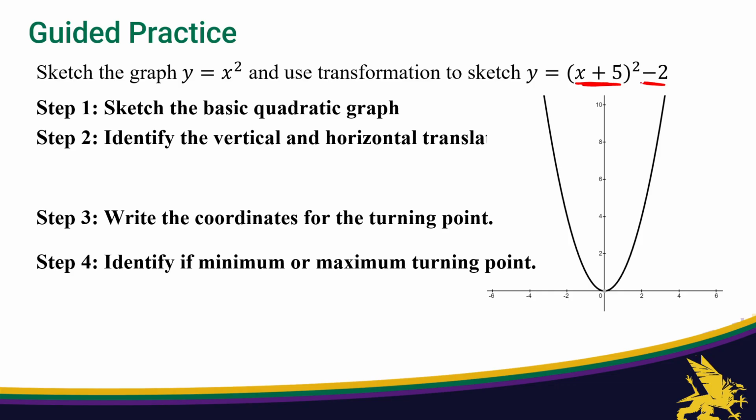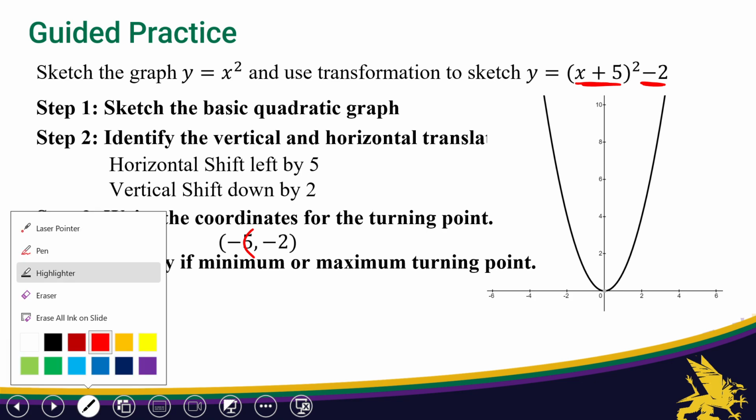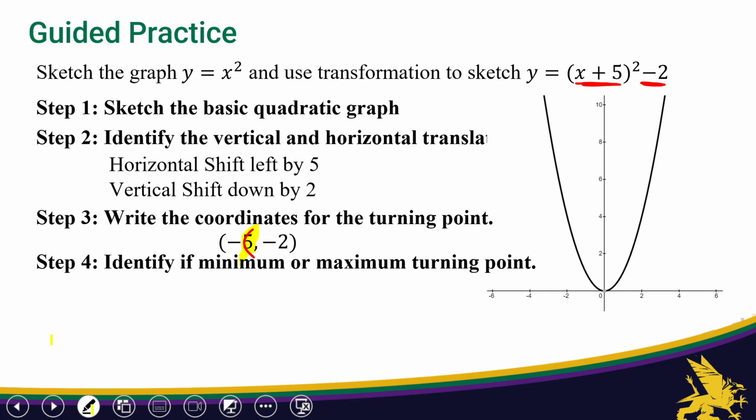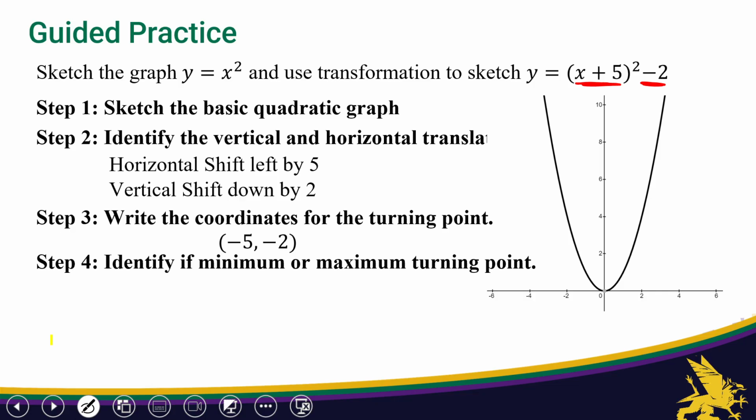And the vertical shift is the number on the outside, which is negative 2, which means it's going down by 2. If I write it as a coordinate, because it's going in both negative directions, they will both be negative. So that means I've got negative 5, negative 2.